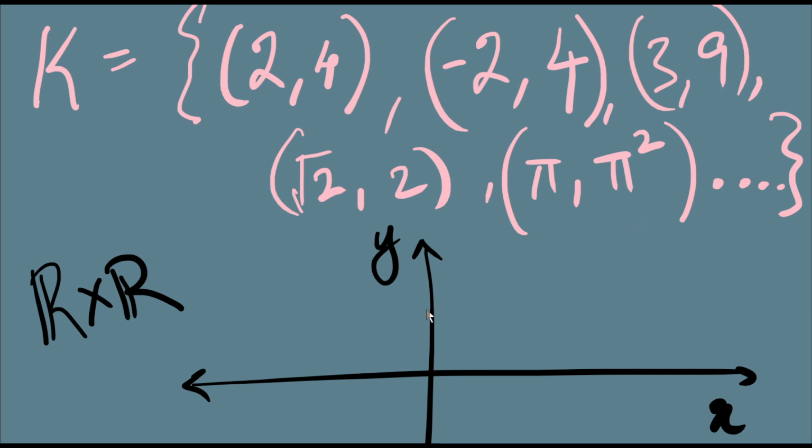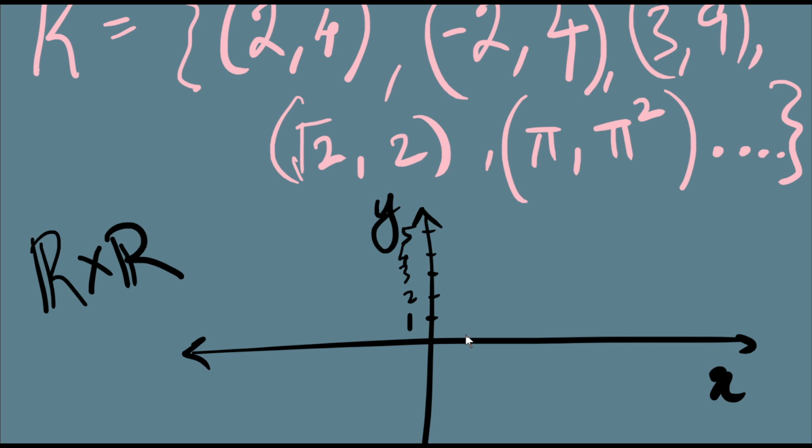So let us start plotting. Let me get a few numbers on the axis. Let us take 1, 2, 3. Let me draw the points outside the plane also if they occur. This axis would have 1, 2, 3, 4, 5, etc. And we'll have a negative x also, because I see some elements are negative here.